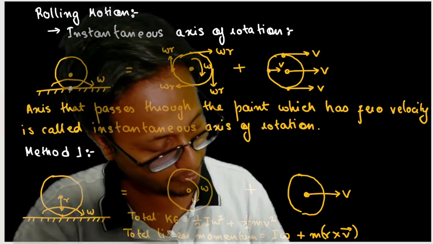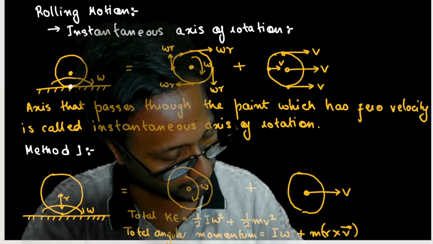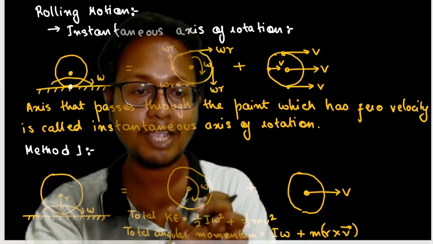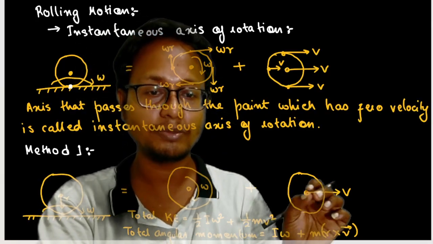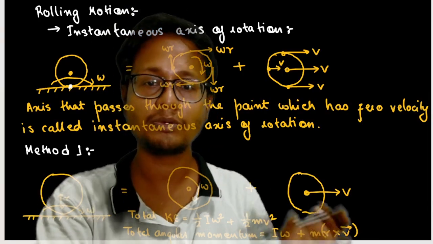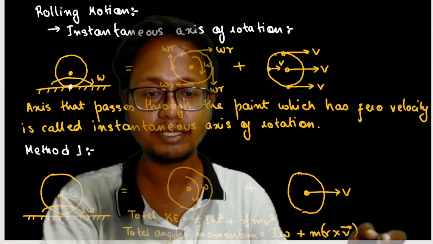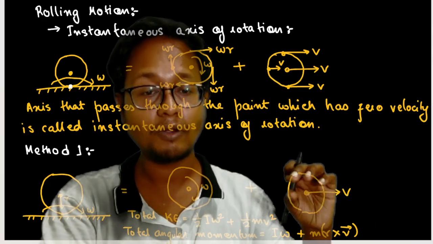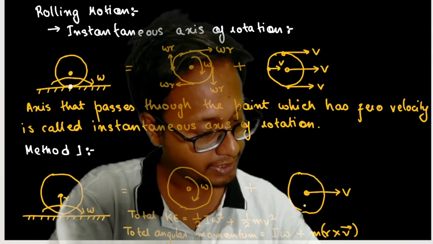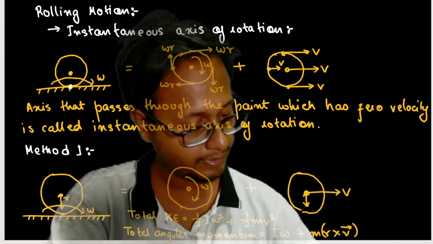And this is not total linear momentum, I made a mistake out here. Total angular momentum is equal to I omega plus rotational momentum due to this one, m into r cross v. Understood? This one is the total angular momentum. Here r means not the radius of the wheel, but the distance between the instantaneous axis of rotation and the center of the wheel. This is the value of r.